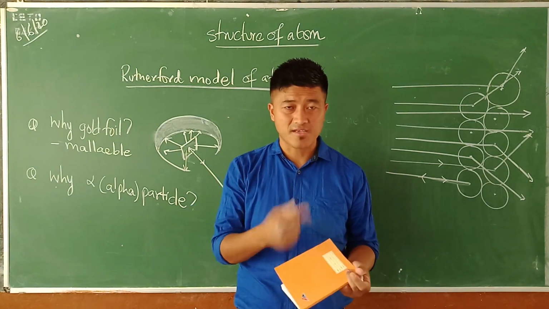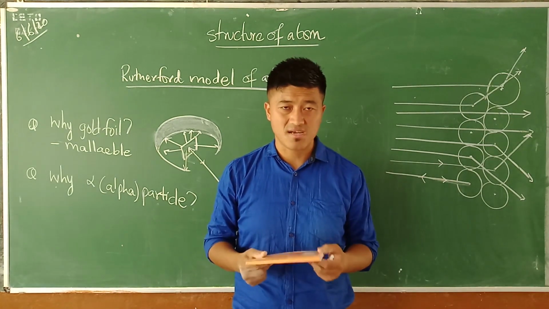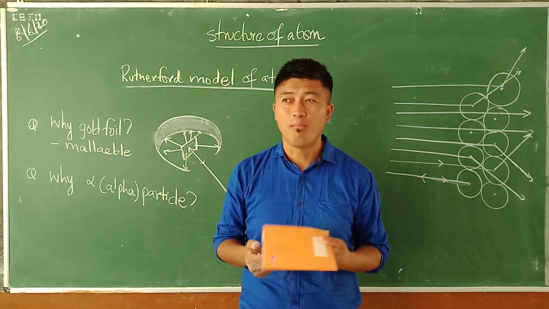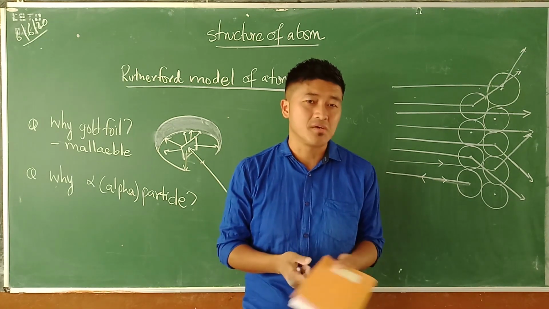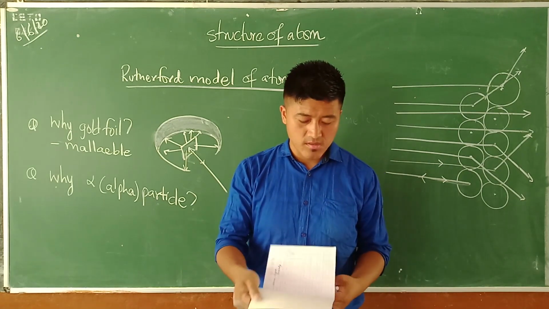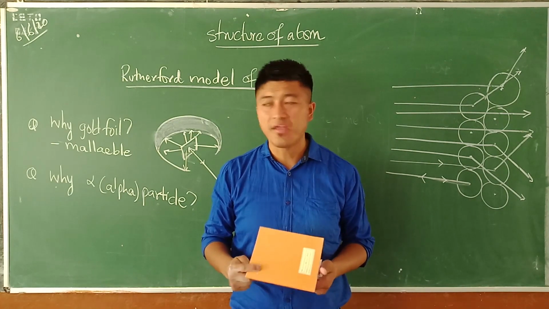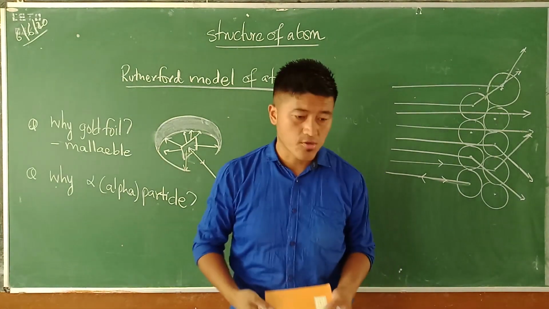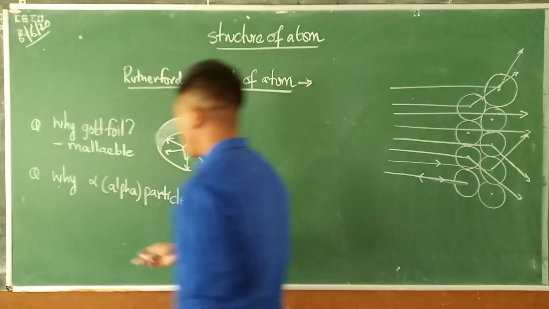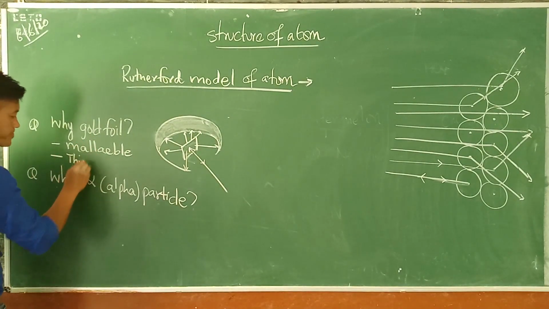Keeping that small analogy, the thicker substance gives you less clarity regarding the detection of the object, whereas the thinner one gives you more idea about what kind of changes are going on. So the second reason why we are choosing gold foil is because it is extremely thin by nature.